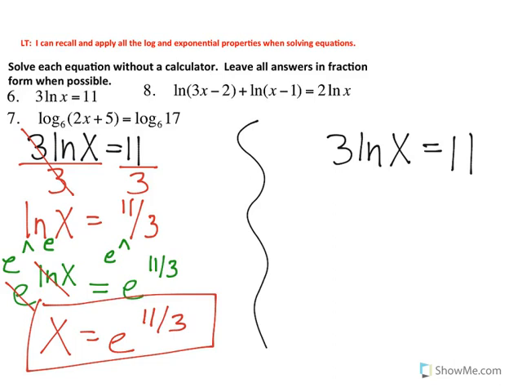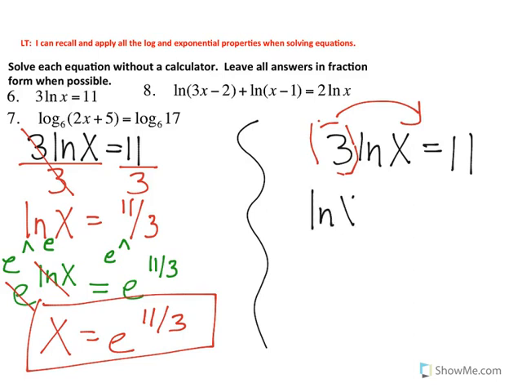Now the other way that you could do this is by relying on some of those other properties or rules that you have learned. The left-hand side is not the only way that you could do this. Some of you may have seen that 3 out front of that natural log, and you might have said, I can pull that backwards and that can be a power.